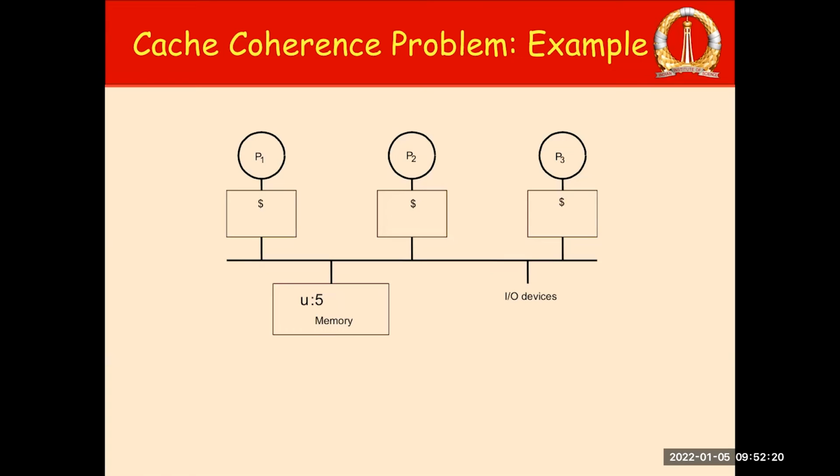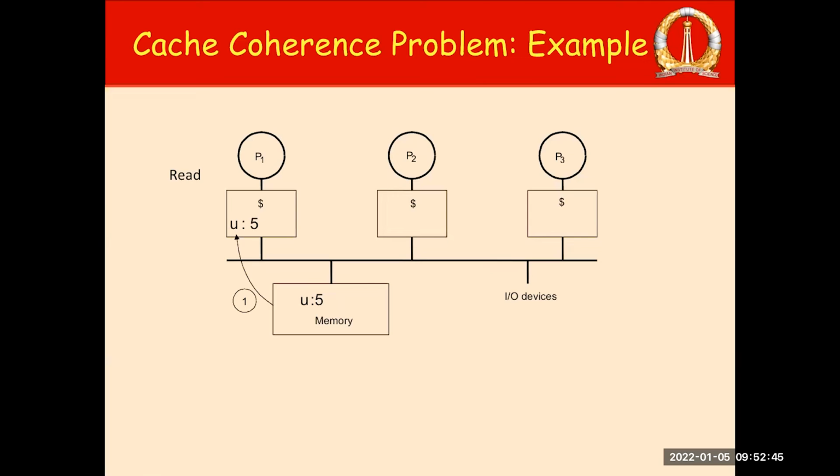Now let's talk about a single variable called u, which initially has a value 5. If processor P1 tries to read this variable, then a copy of this memory block would be put in the private cache of P1, and subsequent reads from P1 would read the value of u from the private cache.